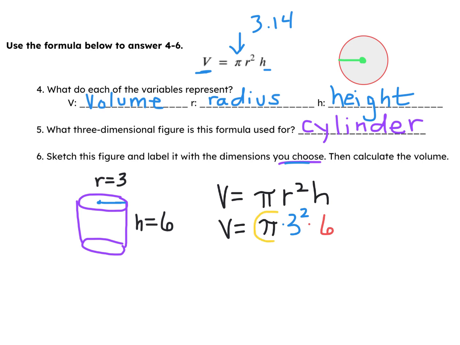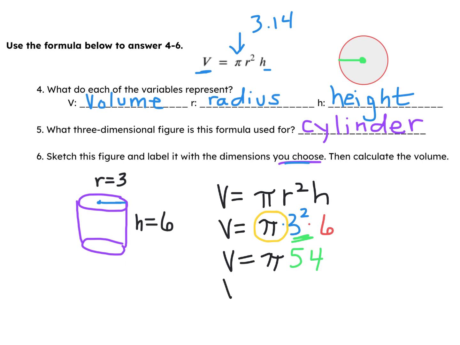And for my first step, I'm going to hold off on pi. I'm not going to calculate my pi yet. So just leave pi in my answer. All right, exponents first. 3 squared is 9, because that means 3 times 3, and 9 times 6 is 54. Okay, so in terms of pi, I have 54 pi.